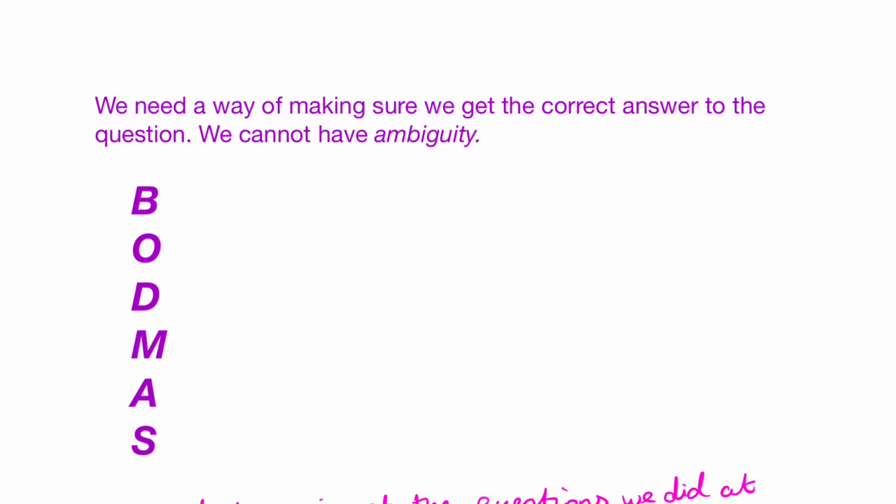Okay, so think back to a minute ago. What have we looked at that begins with a B? That would be brackets. Going to come back to that one. D for divide. M for multiply. A for add.